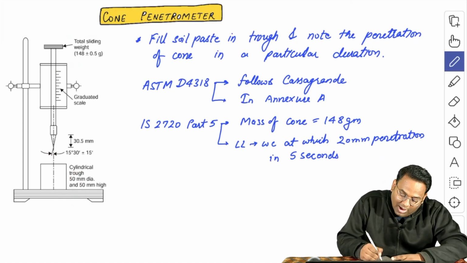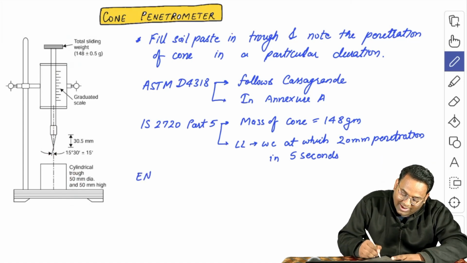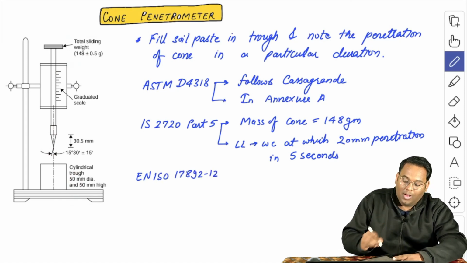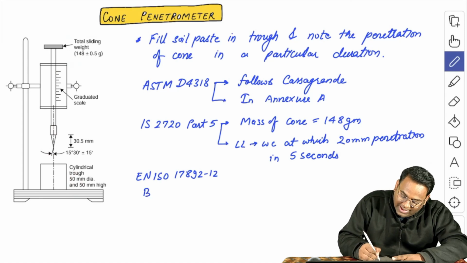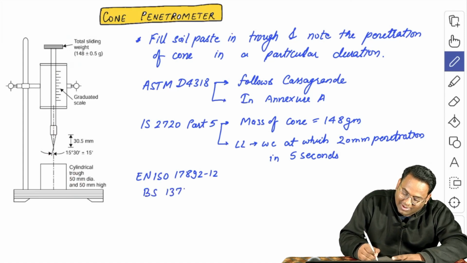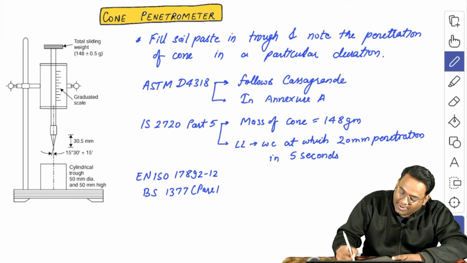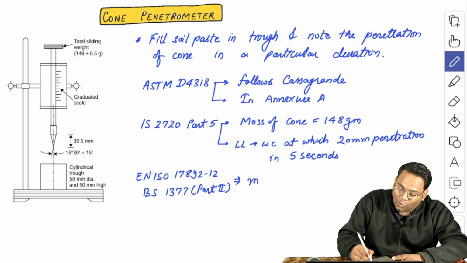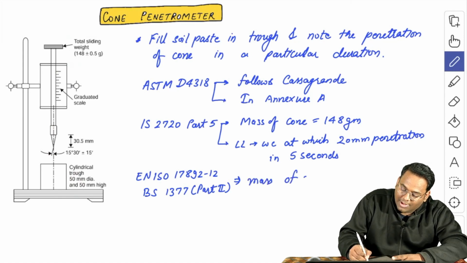Now if I am talking about the Eurocodes, then EN ISO 17892 Part 12 and even BS 1377 Part 2 mention that the mass of the cone should be 80 gram.